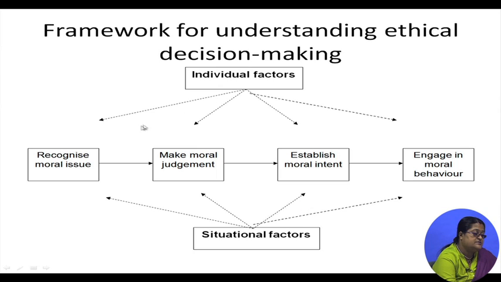This is the complex framework in which ethical decision making takes place. The individual factors have different natures and categories, and situational factors can also be classified under sub-factors and categories.